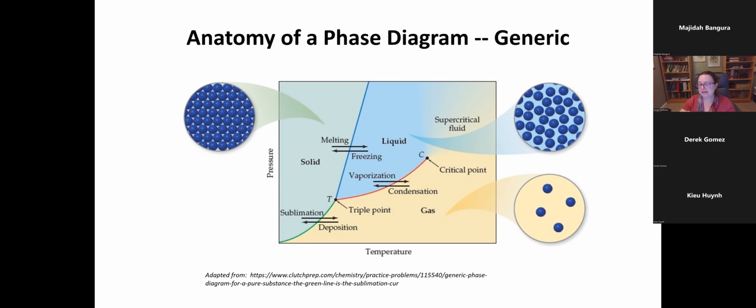But there is one example I can think of that does happen at relatively reasonable conditions, and it's for carbon dioxide. Carbon dioxide becomes a supercritical fluid at conditions we can replicate easily in the lab. And one application of that is to use it to extract caffeine from coffee, to decaffeinate it.